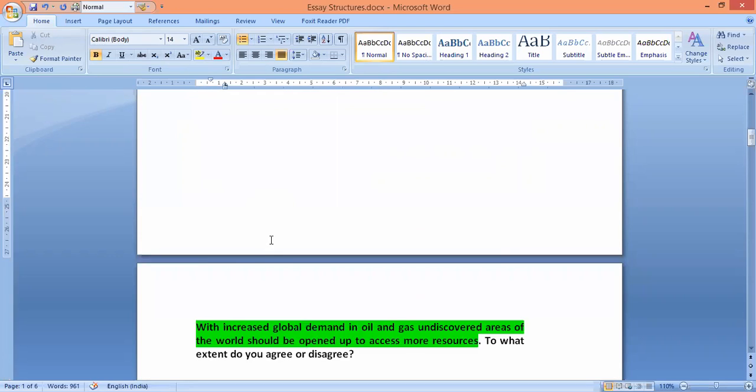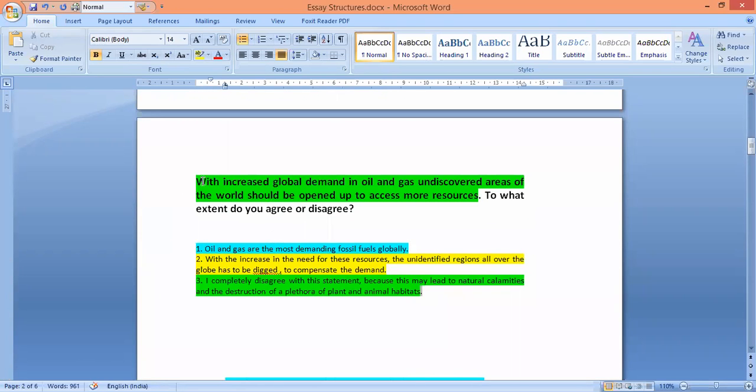If we talk about this question, with the increased global demand, if you completely disagree, then you should not support this idea anywhere in your essay. If you completely disagree means what? Going completely against that idea, and the examiner will expect only that. So if you say something else and do something else, it is not in agreement with your stand. So we call it stand.